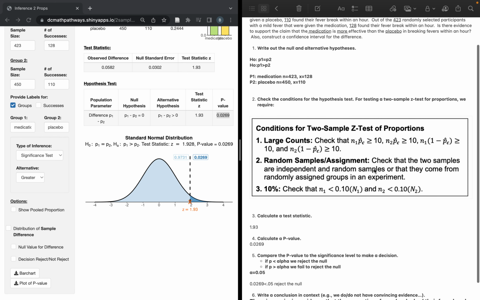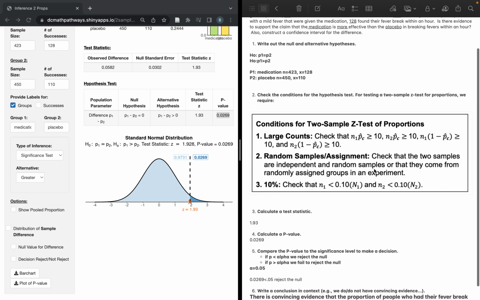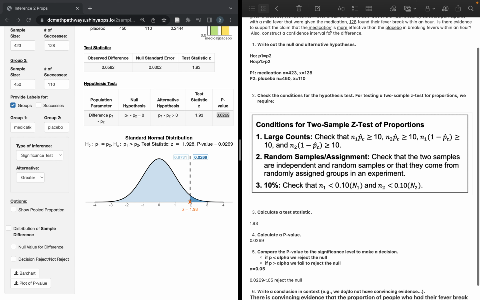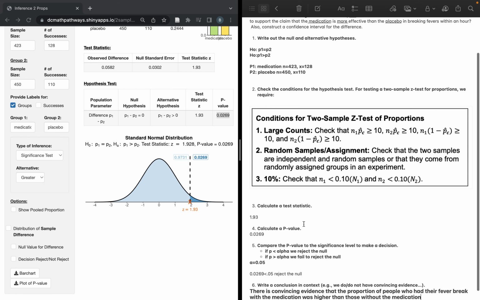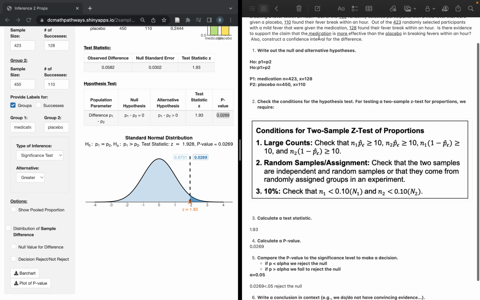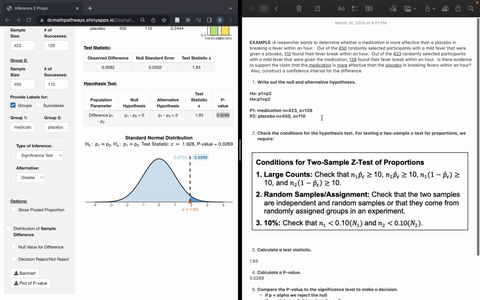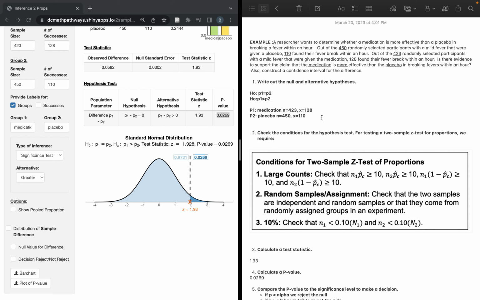So we can say that there is evidence that the medication is more effective than the placebo in breaking fevers within an hour. So we do have evidence for the claim in this case. And that is how you do a 2-sample z-test for proportions using the app.